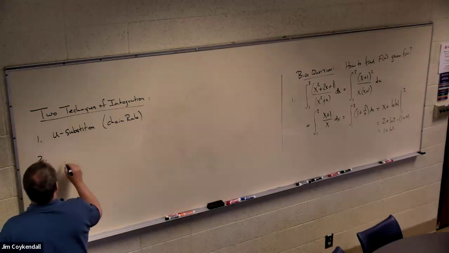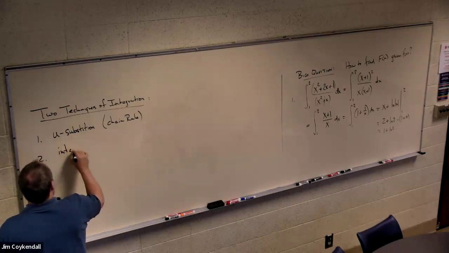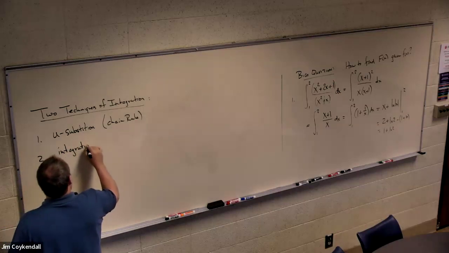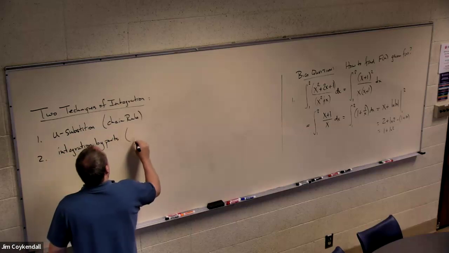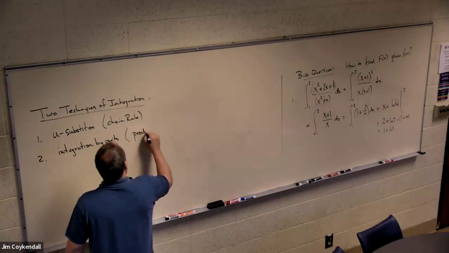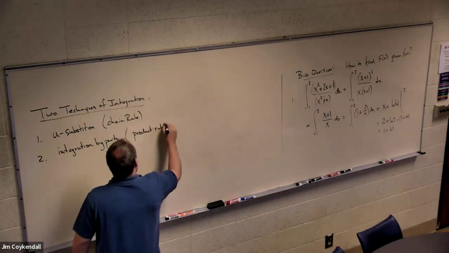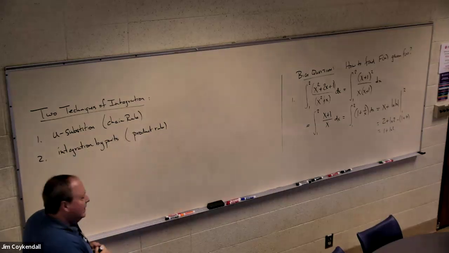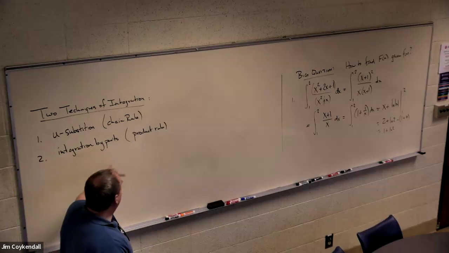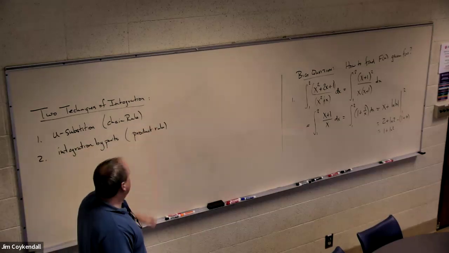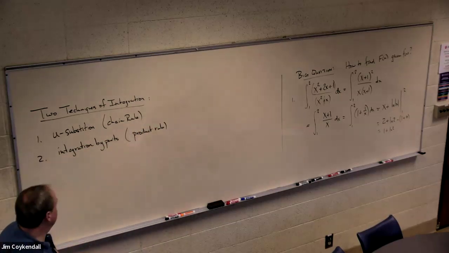The second technique is called integration by parts, and it undoes the product rule. So integration by parts is to integration what the product rule is to differentiation. It's an attempt to do that.